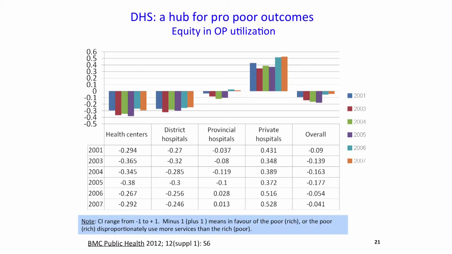The minus sign of the CI demonstrates utilization is in favor of the poor, and vice versa, a positive sign is in favor of the rich. Private hospitals cater to the richer section of the population.